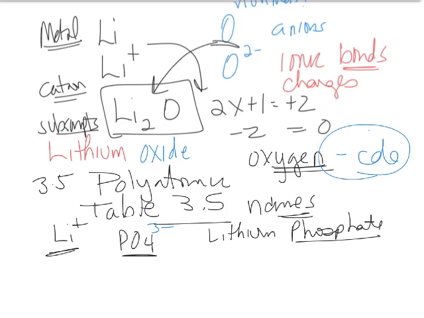Now, to write its chemical formula, the subscript for lithium would be 3, and then for phosphate, you only need one of those polyatomic ions, so in that case, you would not need your parentheses. So 3.6 will be important.